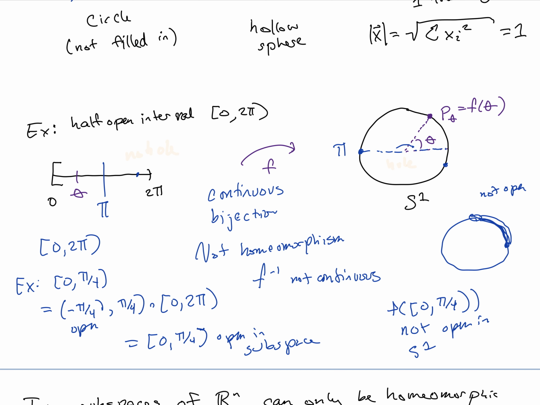It is not equal to any intersection of an open set in R2 with S1. So it's a continuous function that is also a bijection, but is not a homeomorphism.